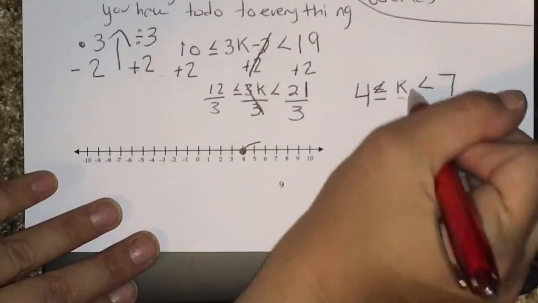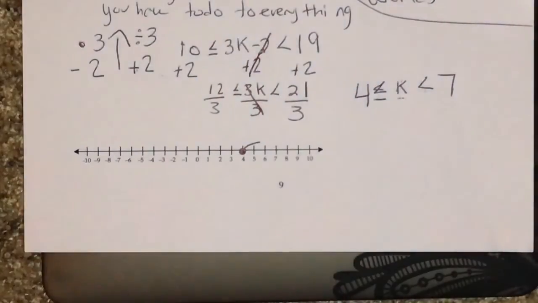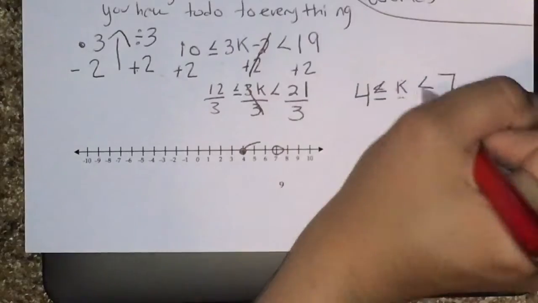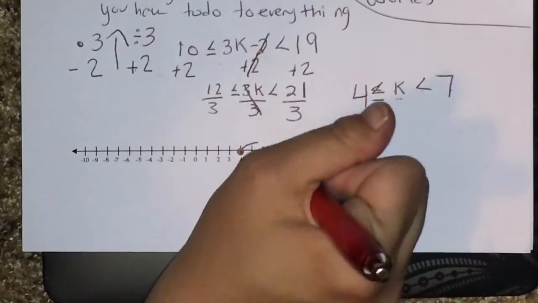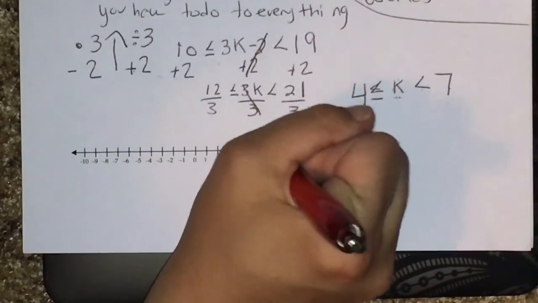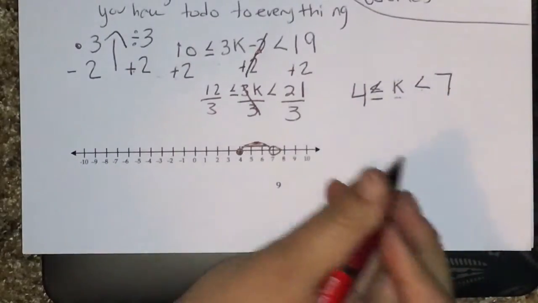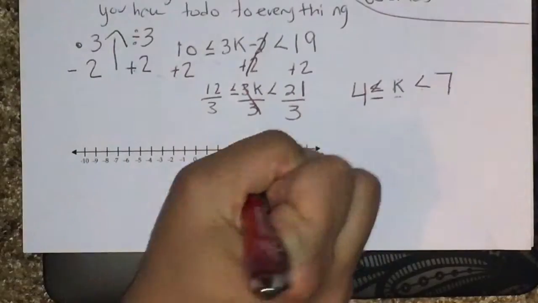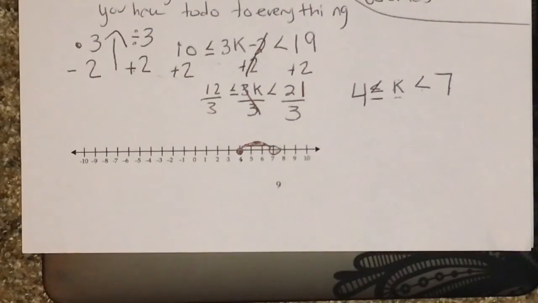Except it also says K is less than 7. And because this is an and, it has to satisfy both of the inequalities. So I'm going to have an open circle on 7, okay, because it's just less than. And my line's going to be going this way. That means that my answer has to be in between these 2 points or equal to 4.